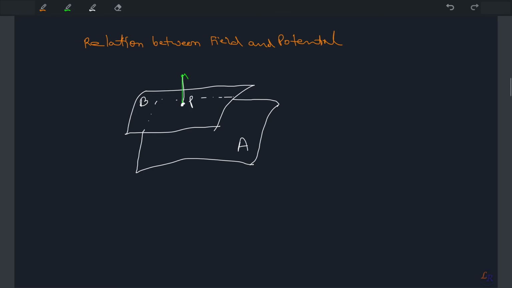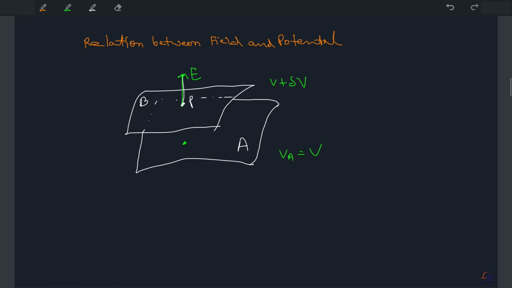This is your electric field direction, E, and let's assume that the potential at A is V, and here VB is V plus delta V. In the direction of electric field, let's assume that it is plus delta V, the higher increment, right?